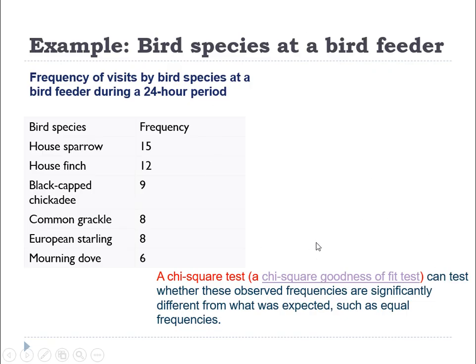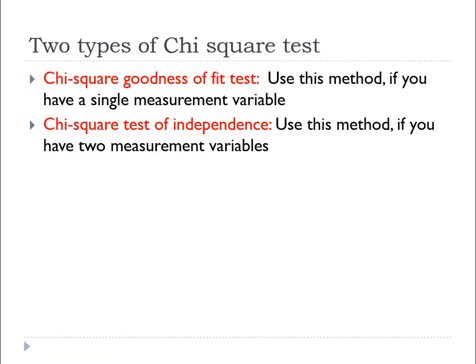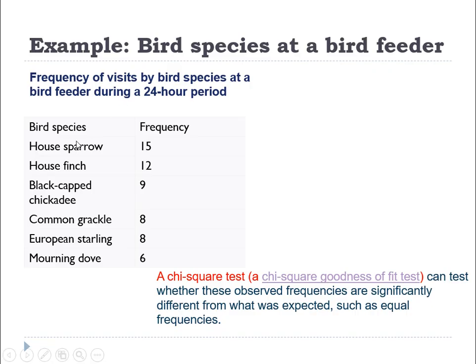So this is an example for the first type, that is chi-square goodness of fit test. As I said, in this you will just have a single measurement variable. This is a data set where in column 1 you have the name of the bird species, and in column 2 you have the frequency of visits to the bird feeder by these birds.